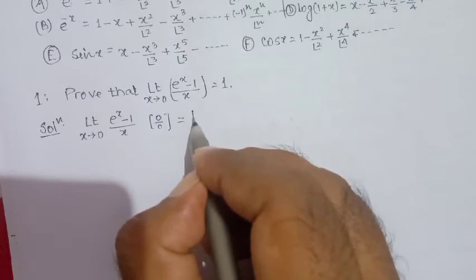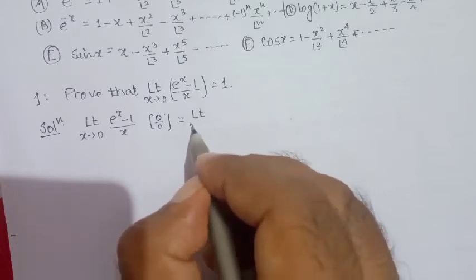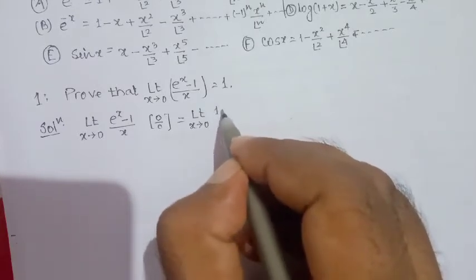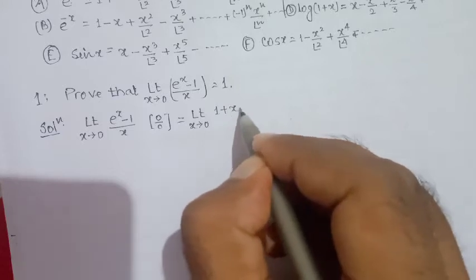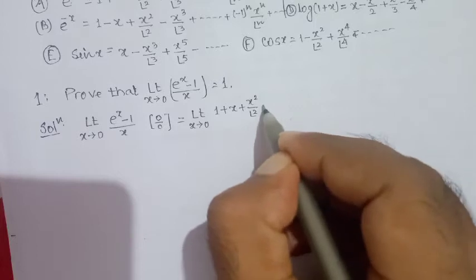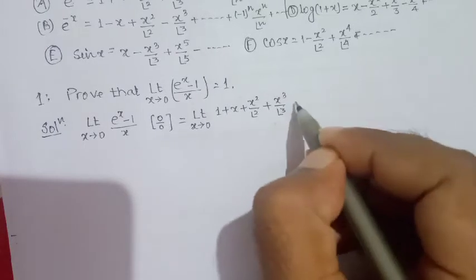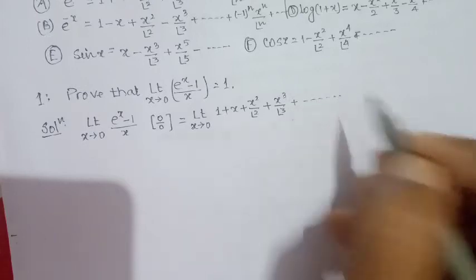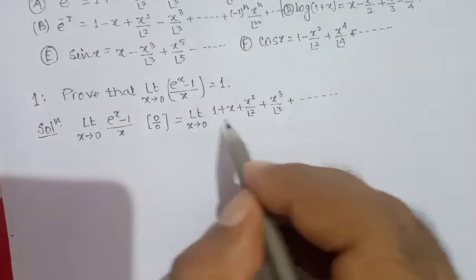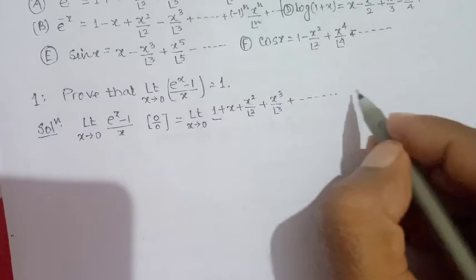First, write down the expansion of e to the power x. e to the power x is 1 plus x square by factorial 2 plus x cube by factorial 3 and so on, that means higher powers of x, and in the last it is subtracted by 1.